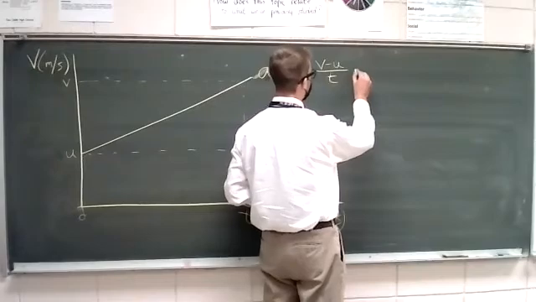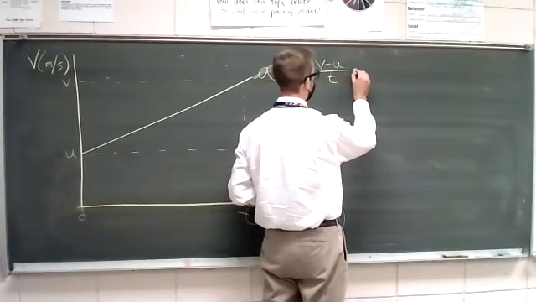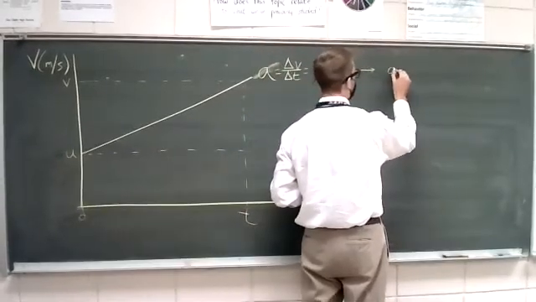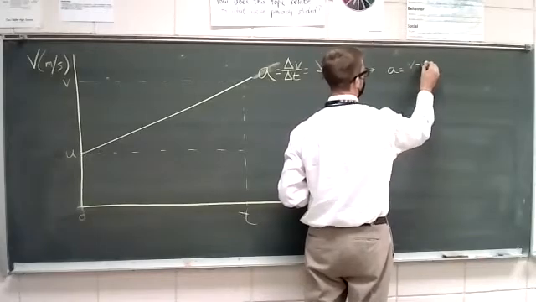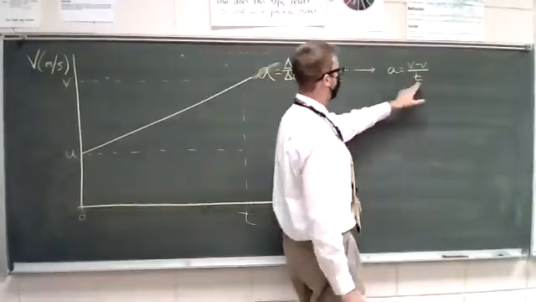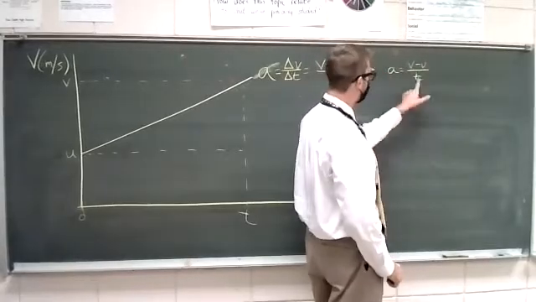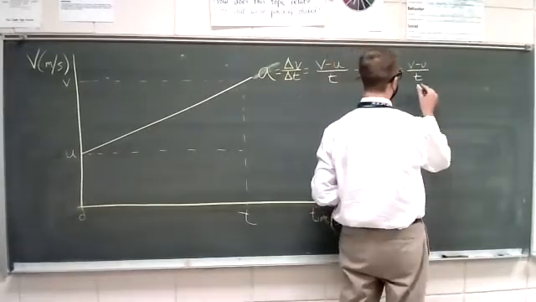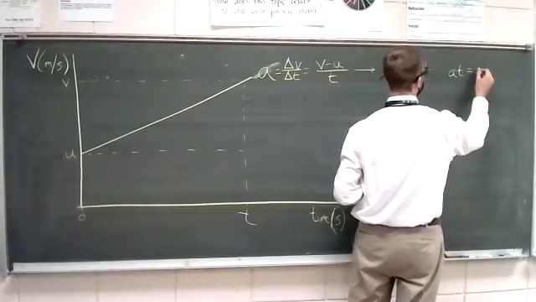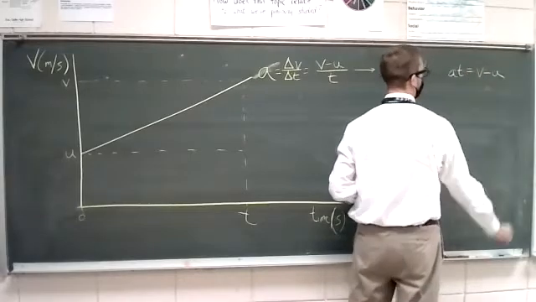Let's rewrite this. If a equals v minus u over t, multiply both sides by t to get rid of that fraction, and we end up getting at equals v minus u.